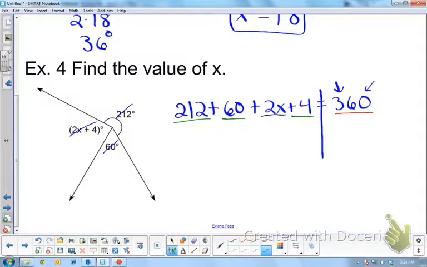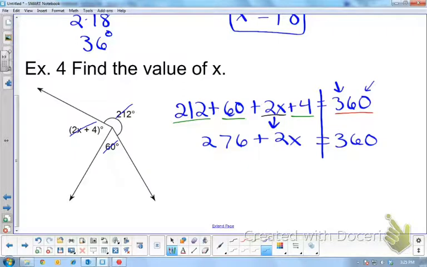So we combine our like terms. 212 plus 60 plus 4 is 276. Doing the math in my head right now, so hopefully I'm correct. And then we just bring down those loners that didn't have anything to combine with.